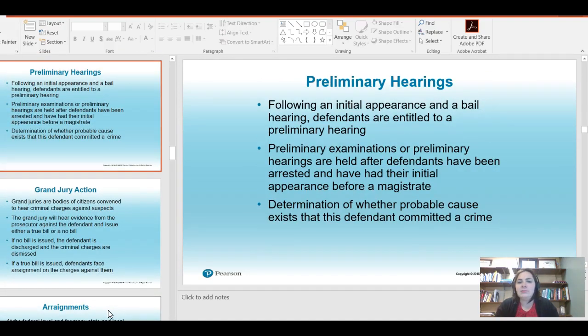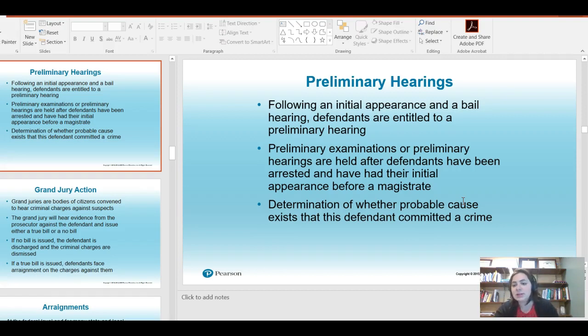Next up is a preliminary hearing. This occurs after you've been arrested and had your initial appearance, and the goal is to determine whether probable cause exists. This only happens on the state level by and large, because on the federal level, the grand jury will determine if probable cause exists.